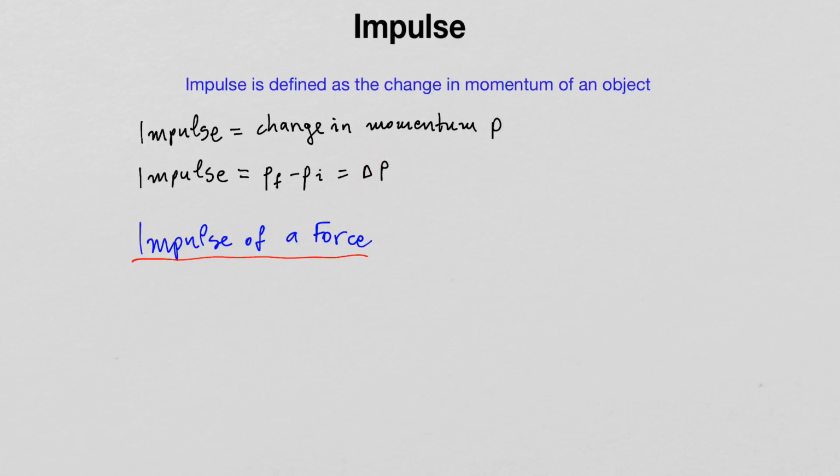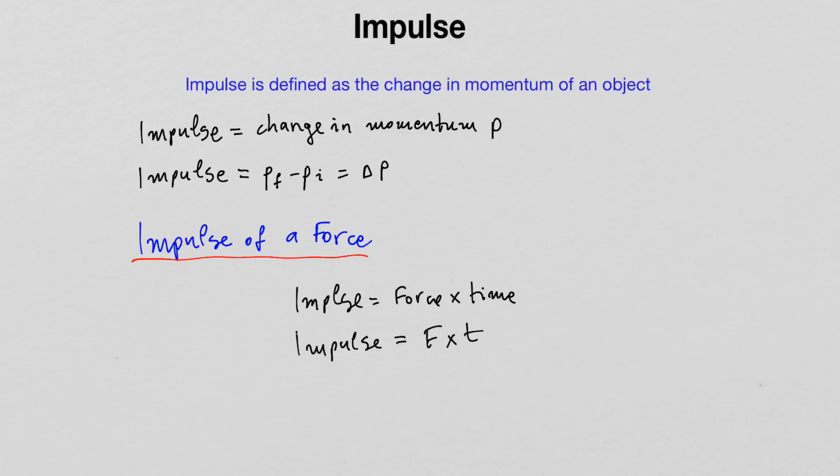And so the definition of an impulse of a force is simply the product of force and time of application. So this is force times time. Or in other words, impulse is equal to F times t.